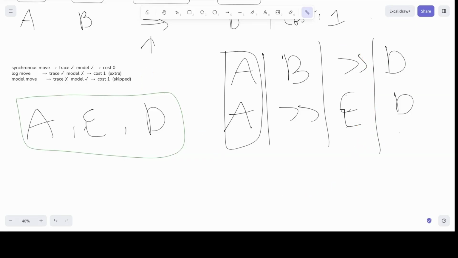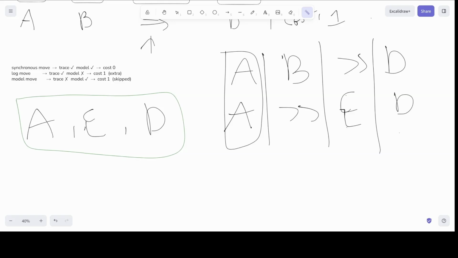Here, what's happening is that we have an E, and when we're trying to superpose or align it with our trace, which is ABD, we can see that here we are skipping a step, and that's why it will cost 1 too. So that's a cost of 1. Of course, the D here costs 0 because it's again a synchronous move.